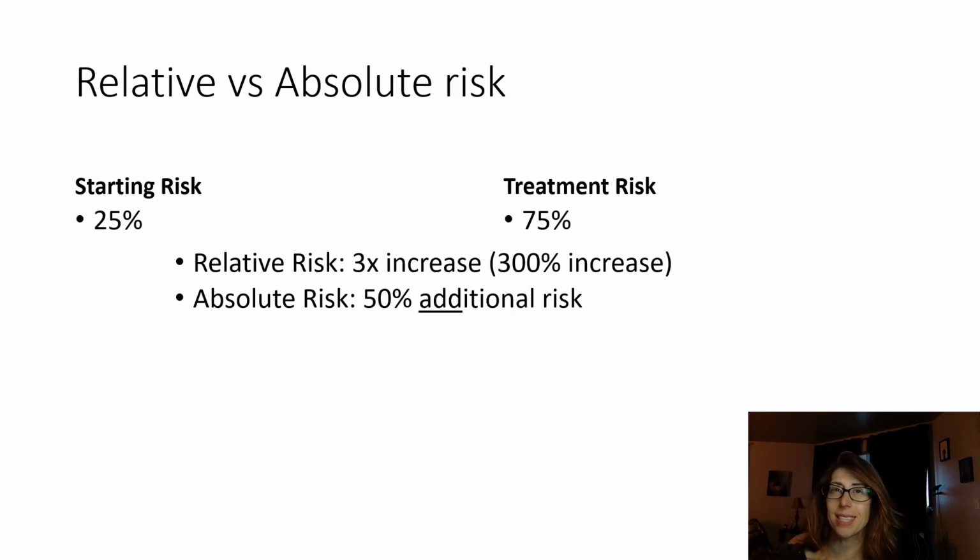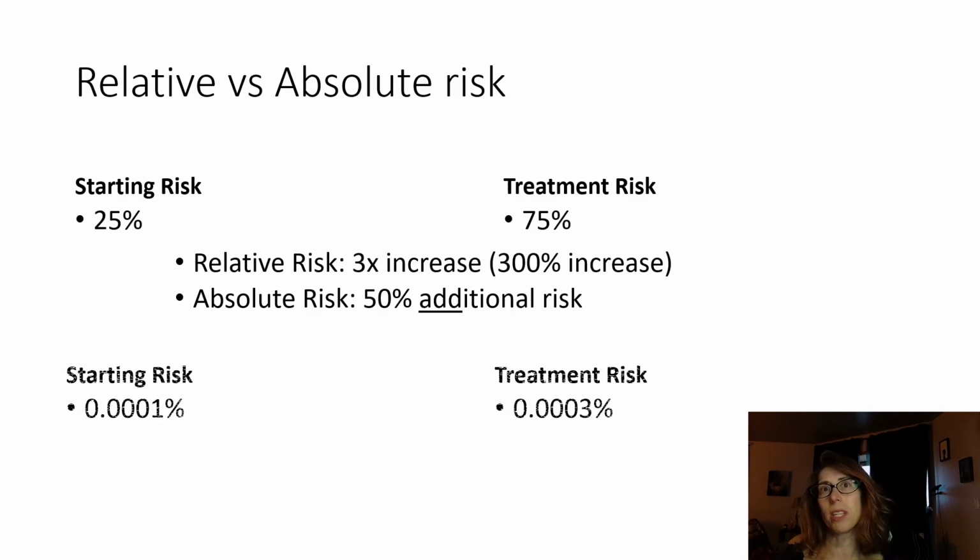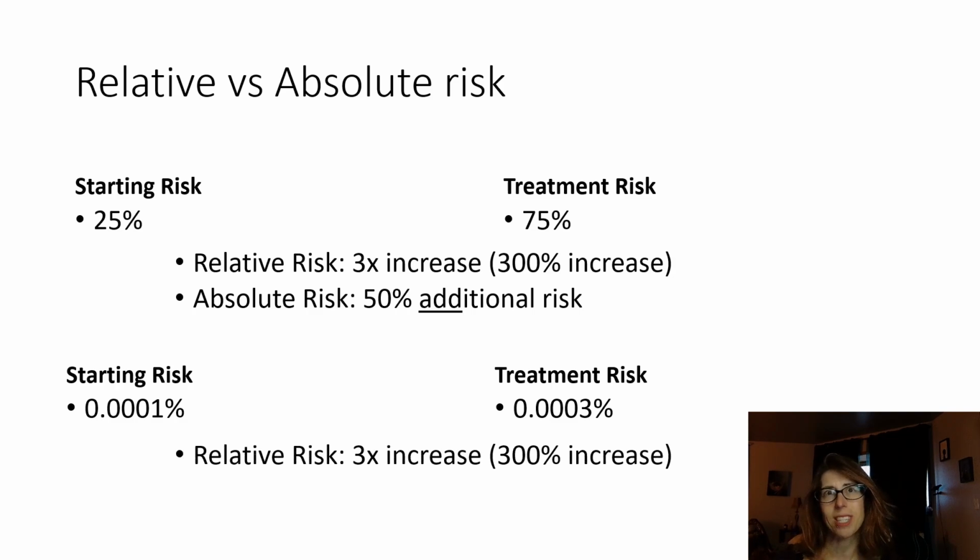On the other hand, if the hospital risk was lower, let's say the hospital risk was 0.0001%, a 3 times increase in relative risk would be 0.0003%. The relative risk is still 3 times because 0.0003% is 3 times higher than 0.0001%.